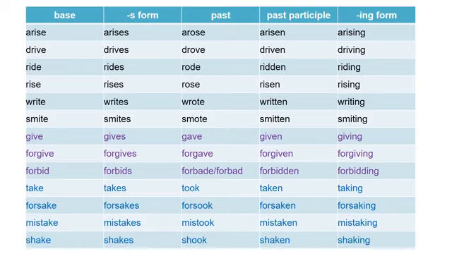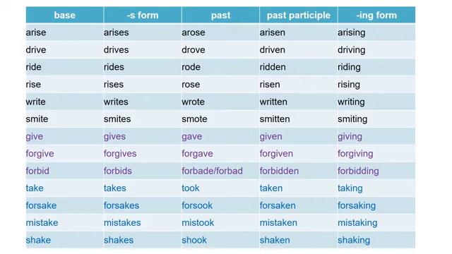Two different vowel sounds in the past and the past participle, but the consonant sounds remain the same. So let's look at some examples. Drive, drove, driven. Ride, rode, ridden. Rise, rose, risen. Write, wrote, written.